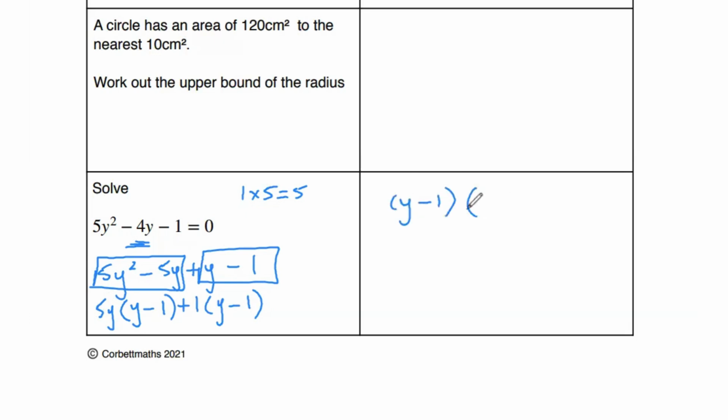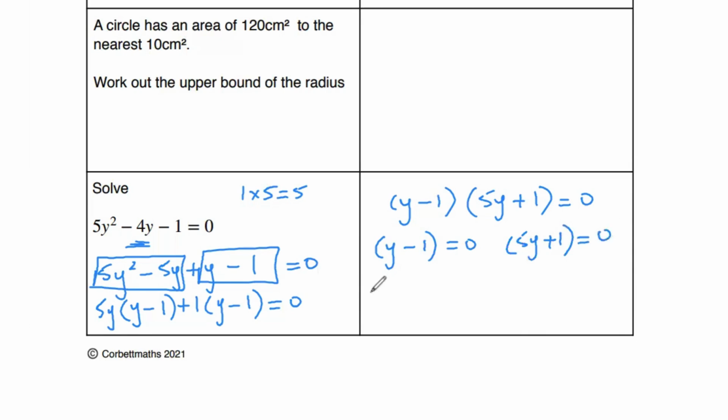So we take that common. And 5y plus 1 comes in the second bracket. All of this is equal to 0 as stated in the question. So both the brackets are separated and put equal to 0. So one value of y is positive 1 and the other is negative 1 over 5. These are your answers.